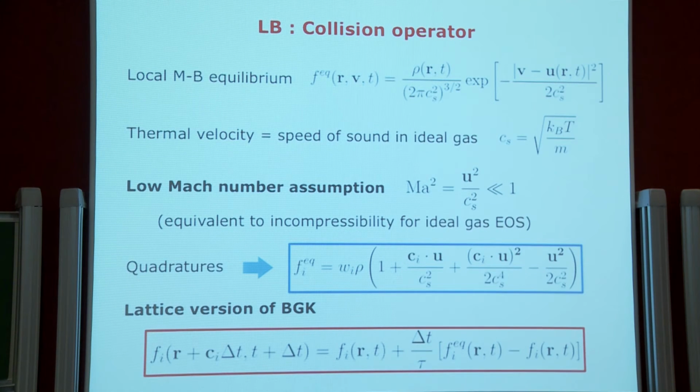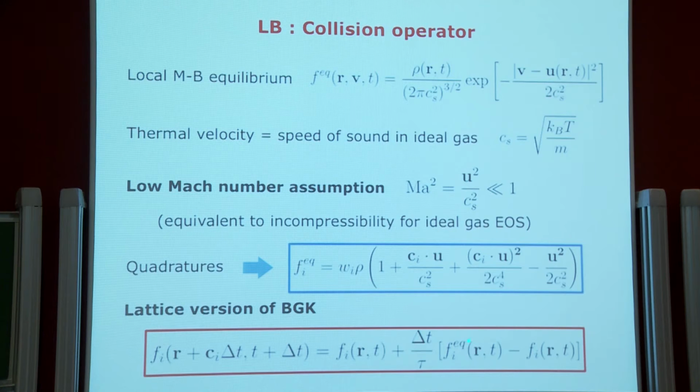The transport part in the BGK equation corresponds to this term and that term, and the relaxation part, the collision part, is simply obtained by discretizing the BGK equation using the discrete time step and also the numerical quadratures for the integral over velocities.